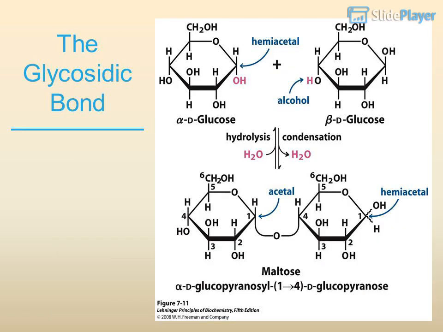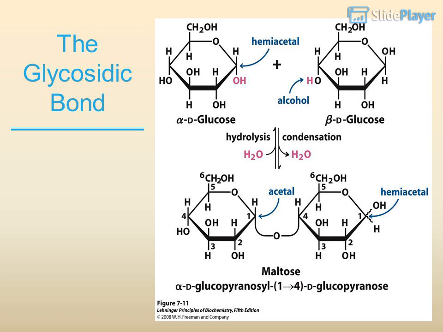The glycosidic bond. Figure 7.11 Formation of maltose. A disaccharide is formed from two monosaccharides. Here, two molecules of D-glucose: an OH, alcohol, of one glucose molecule, right, condenses with the intramolecular hemiacetal of the other glucose molecule, left, with elimination of H2O and formation of a glycosidic bond.